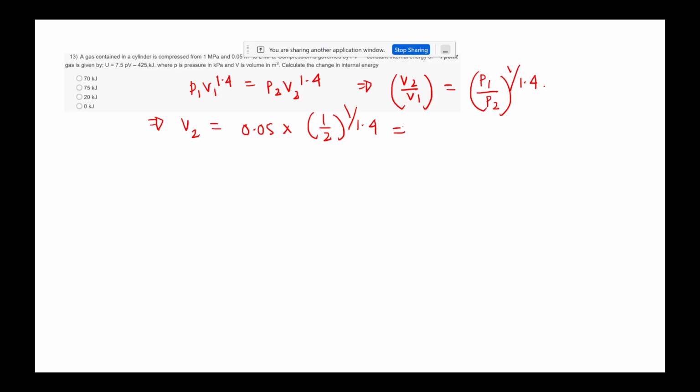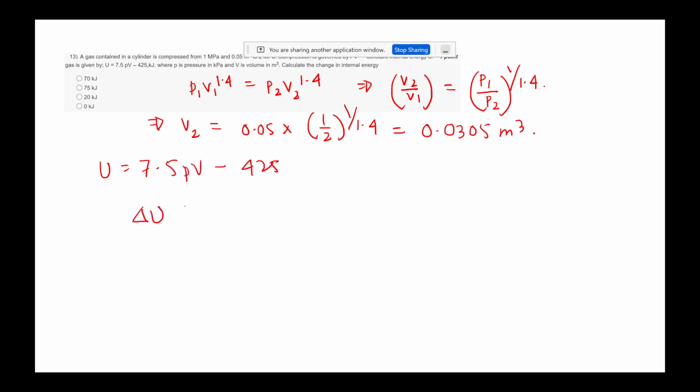Let me just do this: 0.5 to the power 1 by 1.4, answer times 0.05, it will give you 0.0305 meter cube.